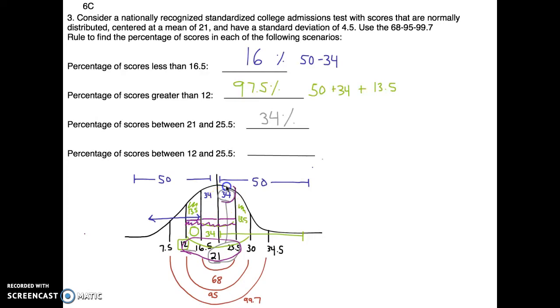So we've got our 34, which equals this 68. Then we also have the 13.5. So 34 plus 34, so 68 plus 13.5 will give us 81.5. So that's how you do number 3.